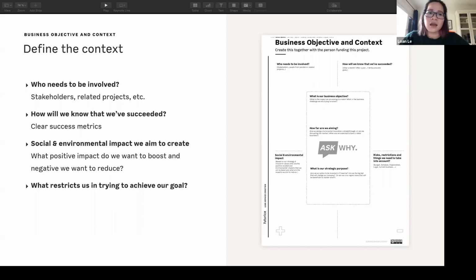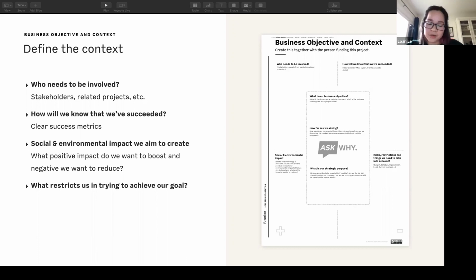And then how do you know that you succeed in achieving your business objective? Through metrics. So the clearer your metrics are, the better you can measure your progress. And remember to keep them numeric.